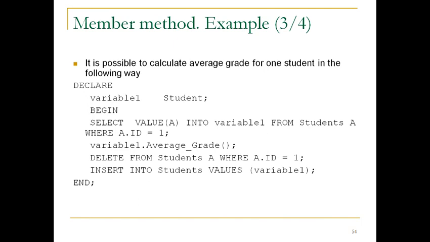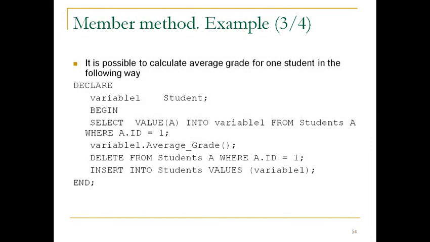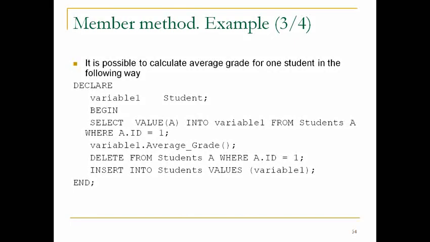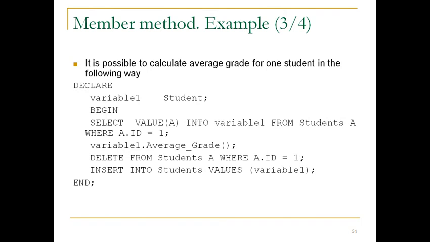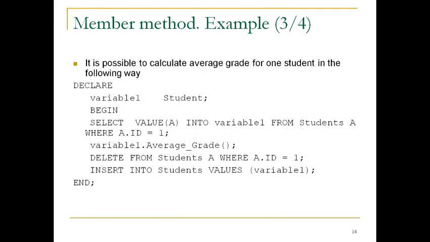It will be for us in this variable. And this variable allows us to call this procedure. The member procedure is called by giving the object using this dot notation and the name of the method.